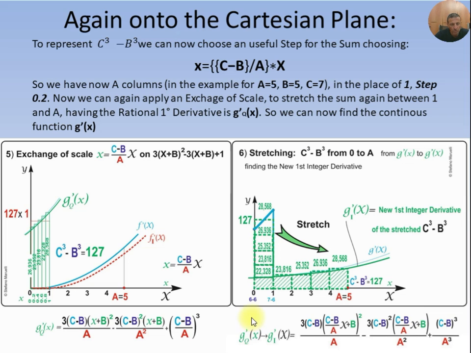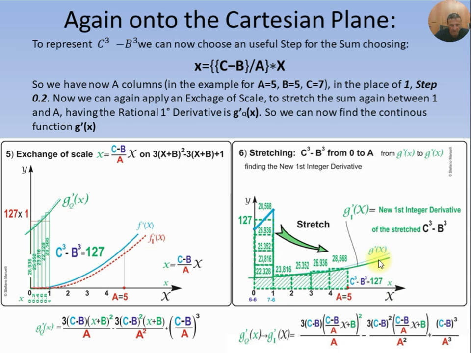So the new gq prime becomes an integer g prime of x, because the steps of the integer are again 1, 2, 3, 4, and 5, and the sum is all this term. You can check also by making an Excel table as I did before. So the sum of all these terms is this one.